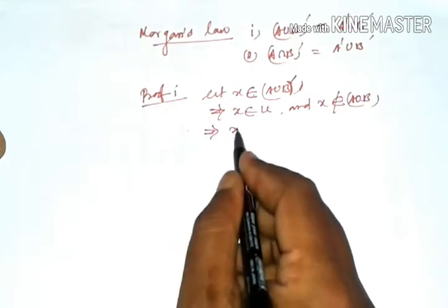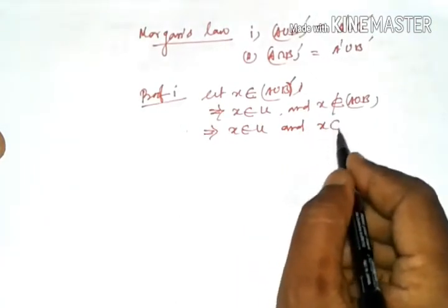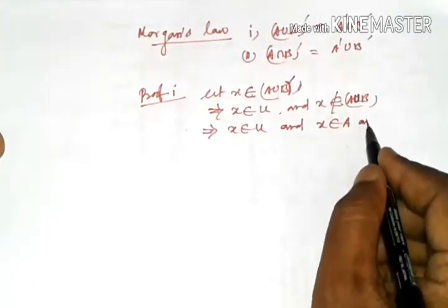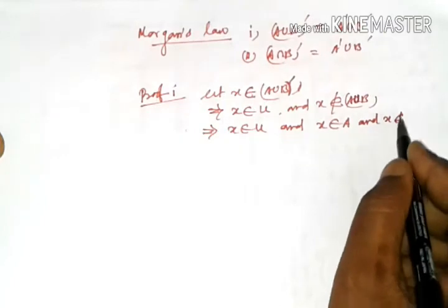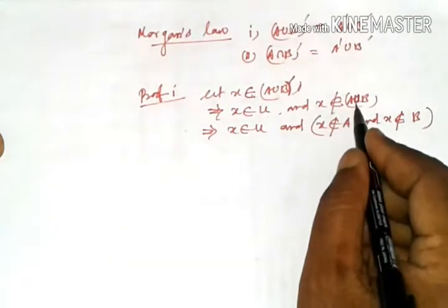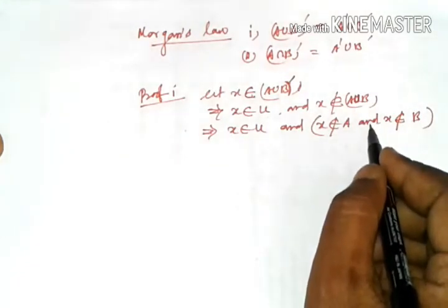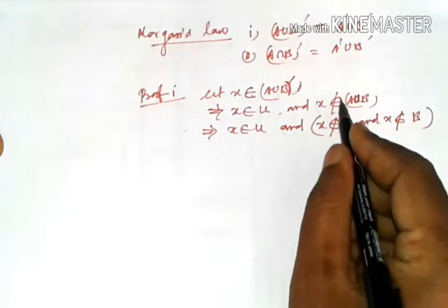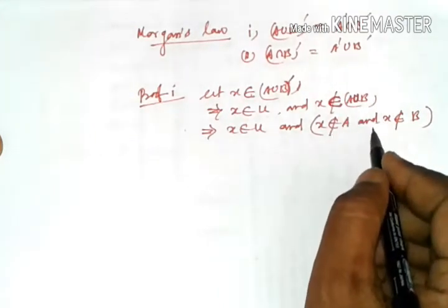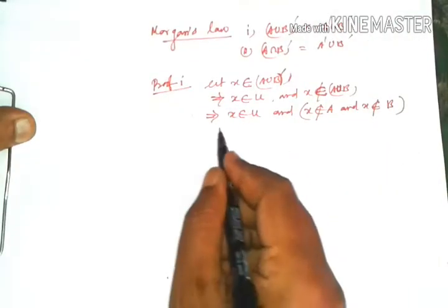This implies X belongs to U and X not belongs to A union X not belongs to B. Here union is there; generally union becomes or, but since there is not belongs, when not belongs is there, union becomes and, and intersection becomes or, opposite.